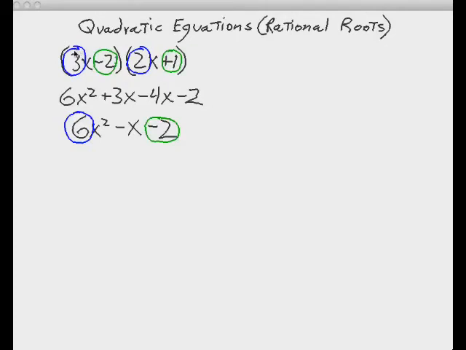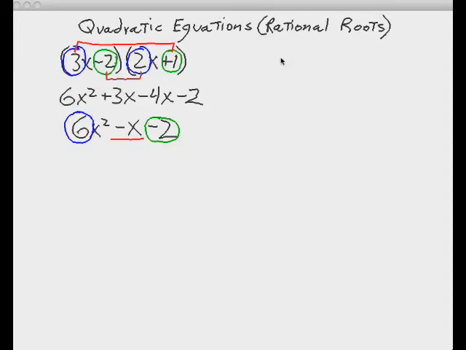We had to do 3x times positive 1 and negative 2 times 2x. The combination of those ended up being the coefficient here, negative 1. So we can use this property to either go from factors to quadratic or quadratic to factors, mainly quadratic to factors.